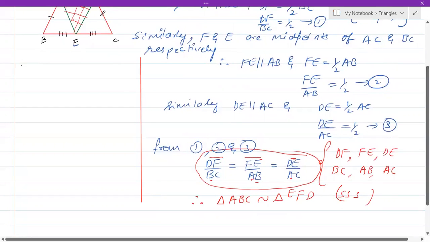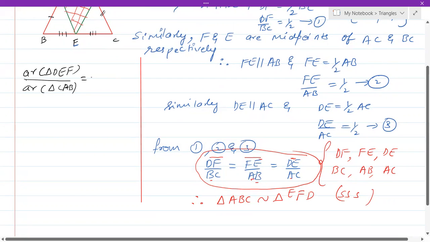Therefore, if 2 triangles are similar, area of triangle DEF divided by area of triangle, instead of DEF, it will become CAB. Okay, I'm taking the corresponding parts.